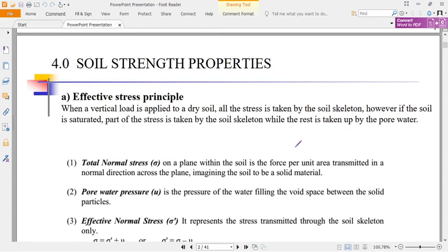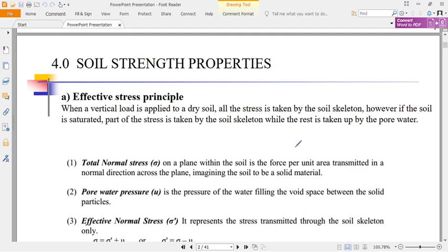As I said, a soil is able to hold a load by its ability to resist that loading. So a soil should have some strength or should be able to offer a resistance. If you go by Newton's third law of motion, action and reaction are equal, opposite, and collinear.